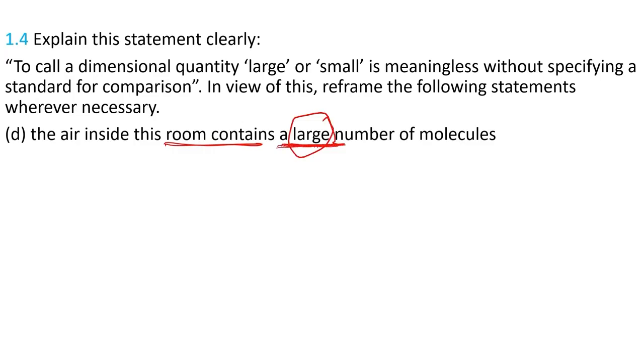We can assume that this room contains a box, and the box contains air itself. Obviously the number of molecules in the whole room is much larger as compared to that in a small box in the room. So we can say that the air inside this room contains a large number of molecules as compared to that of a box in that room.